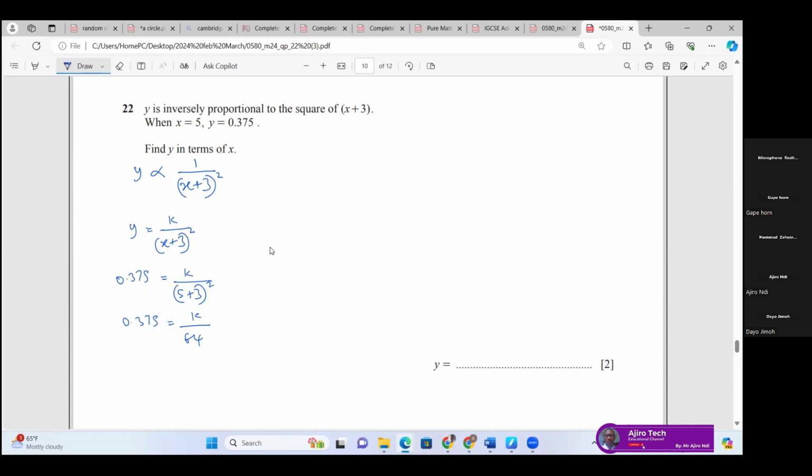That means that if I multiply both sides, 0.375 times 64, I get k. K must be 24. Then y must be 24 over x plus 3 all squared. I think we are done. Final answer, 24 over x plus 3 all squared.